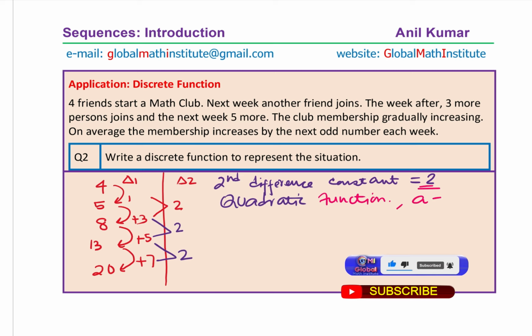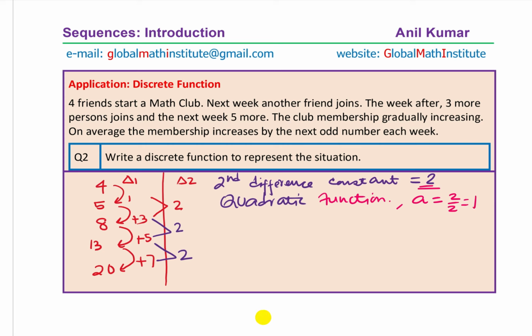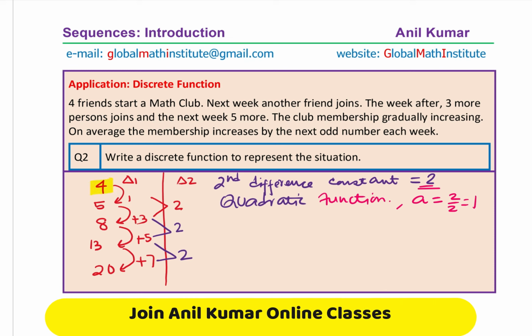We can also represent this as a quadratic function in vertex form. Can you tell me how? Well, the minimum value is when it was starting week 1 with 4 members. That gives you a hint. Perfect.